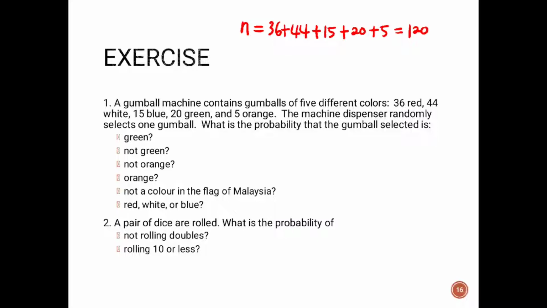The machine dispenser randomly selects one gumball. What is the probability that the gumball selected is green? Okay, so we can write probability of G. So we have how many green?